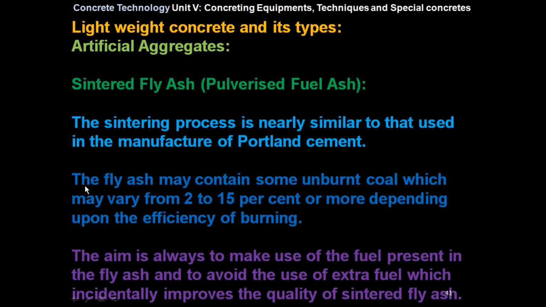The fly ash may contain some unburnt coal, which may vary from 2% to 15% or more depending upon the efficiency of burning. The aim is always to make use of the fuel present in the fly ash and to avoid the use of extra fuel, which incidentally improves the quality of sintered fly ash.